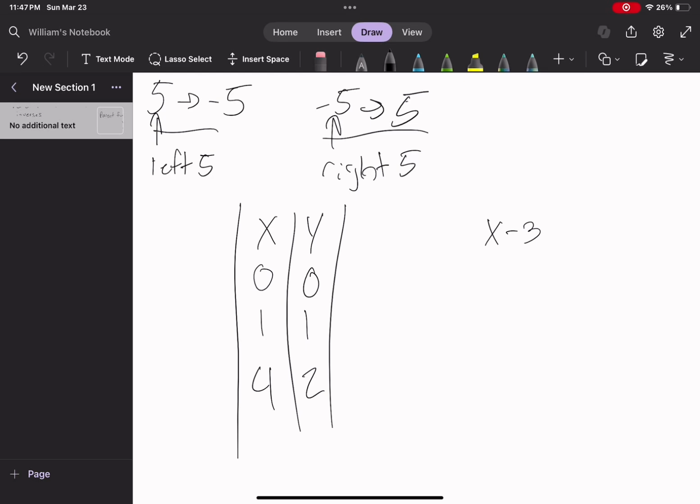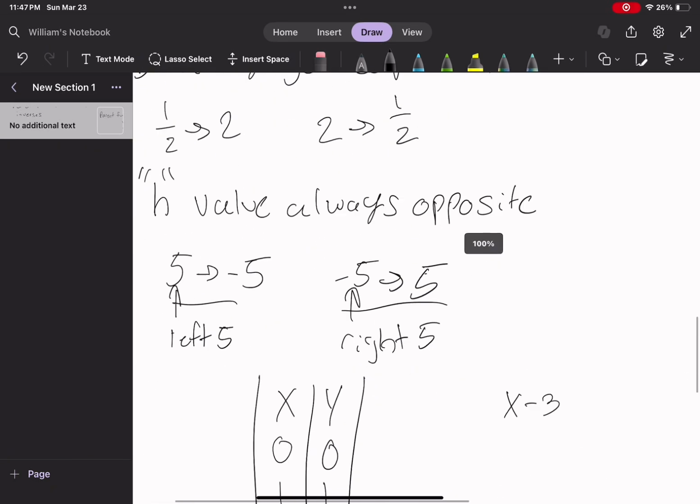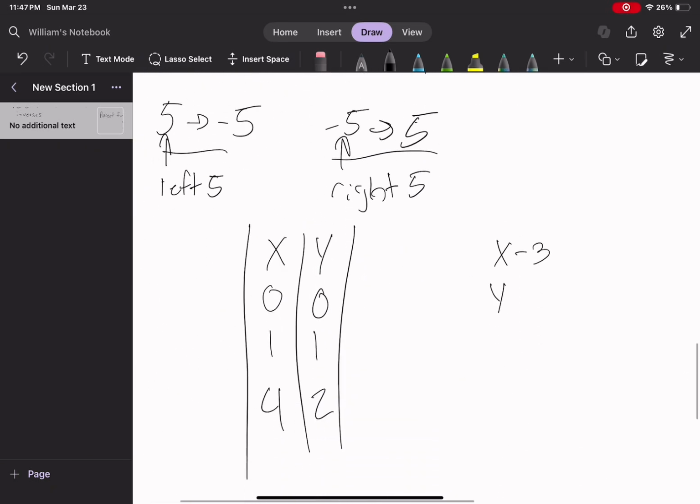First we realize our x is moving to the left, so it'll be x minus 3, and our y is going down, so it'll be y minus 4. And then along with our other transformations, we now have 2y minus 4 and 2x minus 3.